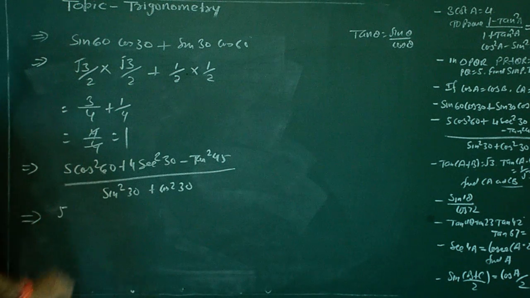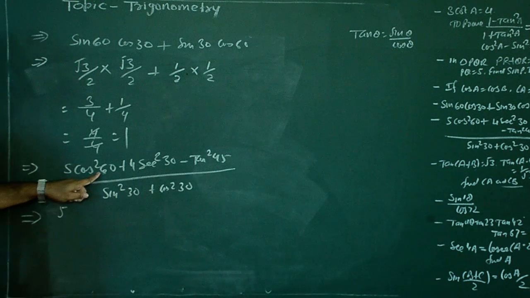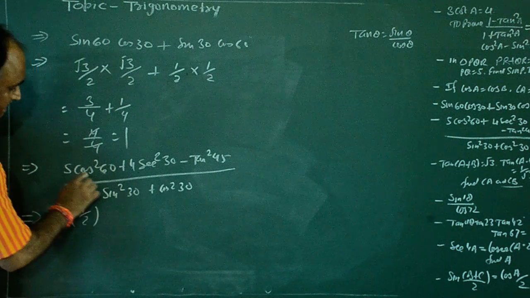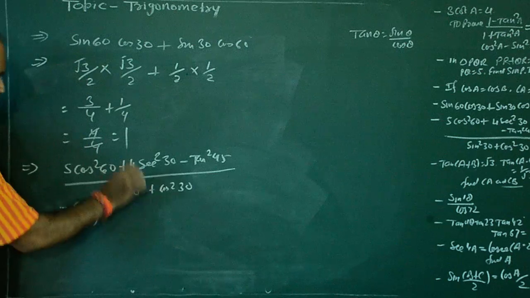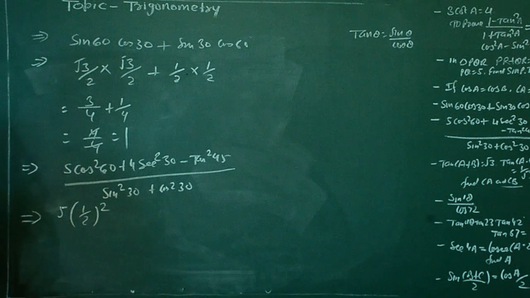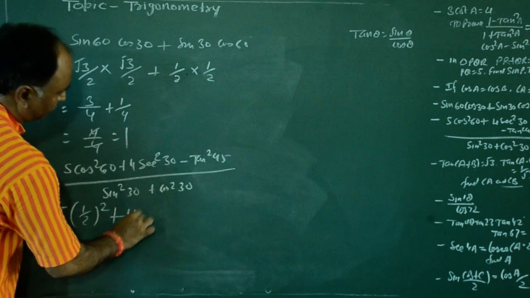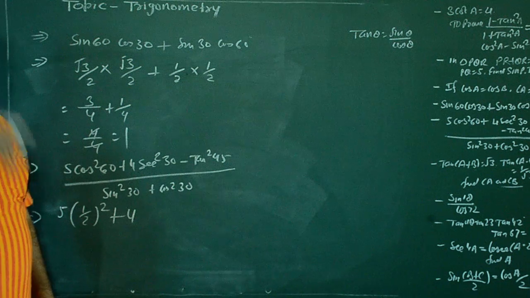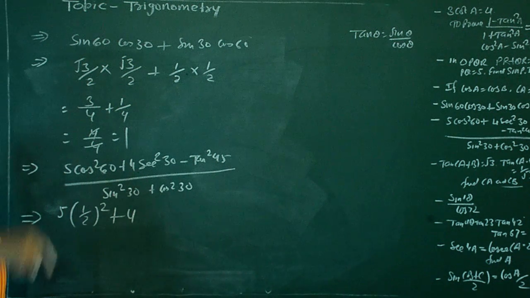5 cos square 60, we have to put the value for cos 60, and you have 1 upon 2. Since this is in square, you will put square here. If you have cube, then you have to put cube, okay. Plus 4 sec 30: first remember the value of cos 30, that is root 3 by 2.